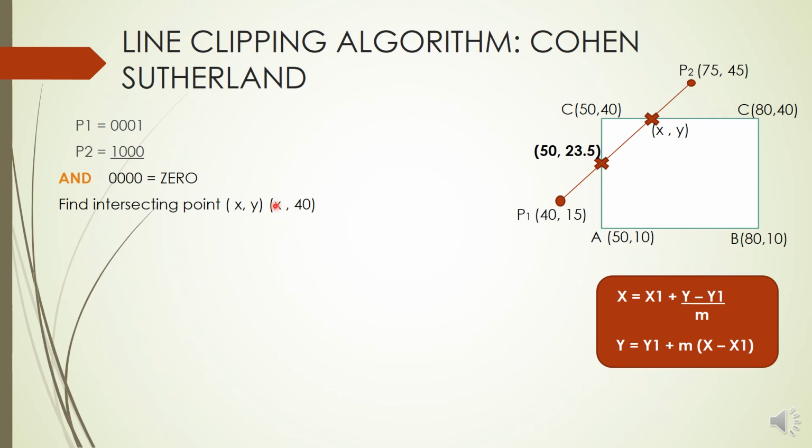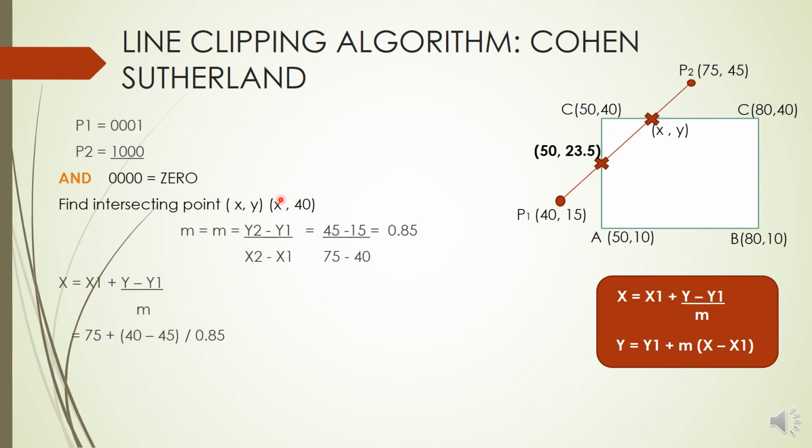For the x coordinate, we find the slope like in the previous procedure using y2 minus y1 and x2 minus x1, and we get the same slope value, which is 0.85. And then what is the formula for x? The formula to find x is x1 plus y minus y1 divided by m.